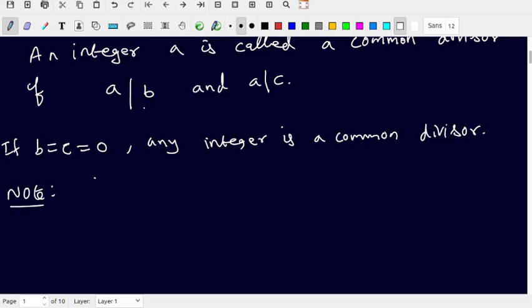So if both are 0, then the number of common divisors is infinitely many. If at least one of them is non-zero, then the number of divisors of that non-zero B is finite, so even though B has many divisors, the common divisors are finite.